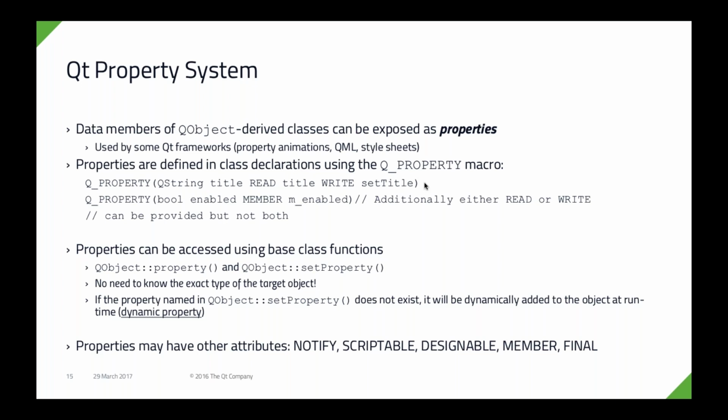So the property called title, the property system knows that when that's accessed, then it's reading it using the title function method, and when it's writing to it, it's using the set title, and it will carry that internally for you. There's also a shorthand for it, so you can also use the member macro, so you can just define a property as a member property and it will add the read and write for you automatically.